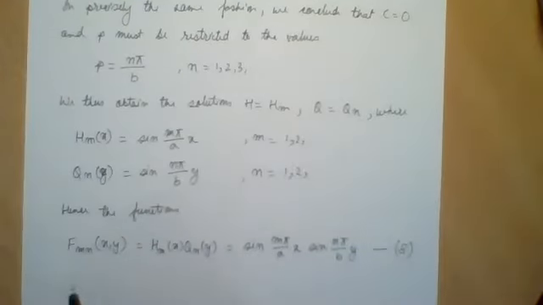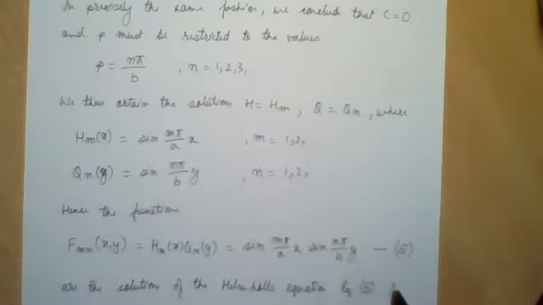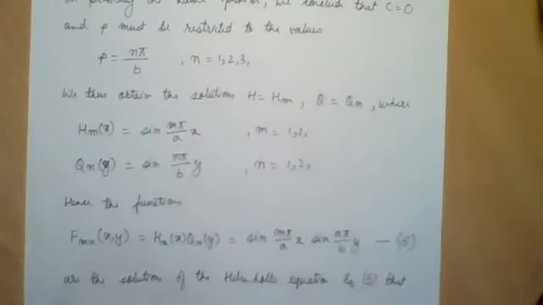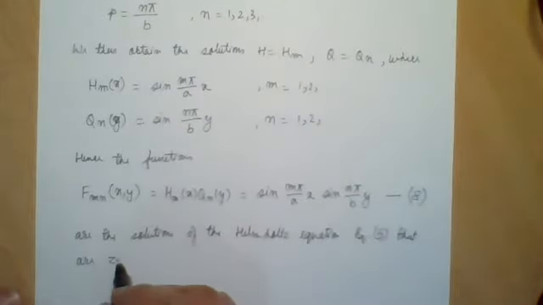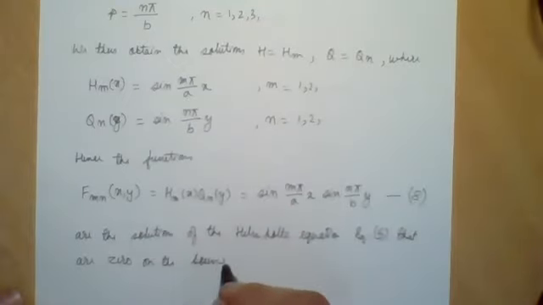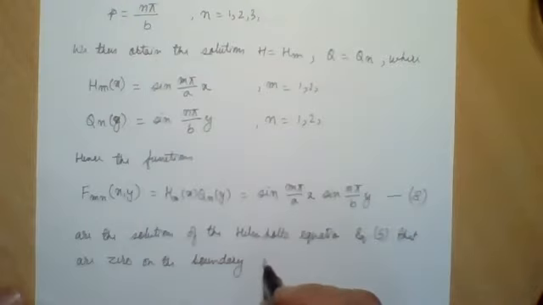Hence, these functions are solutions of the Helmholtz equation given by equation number 5 that are 0 on the boundary of our membrane.